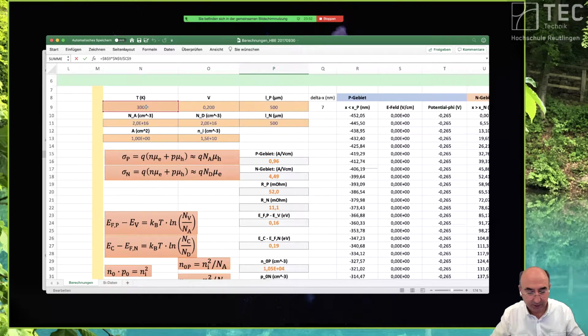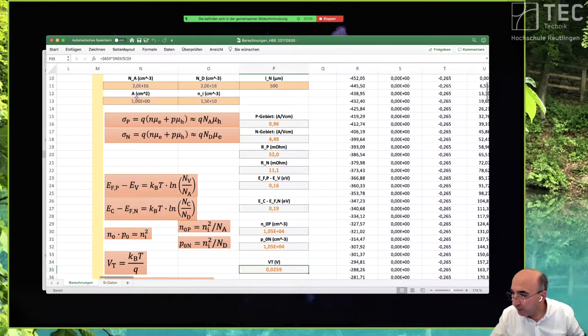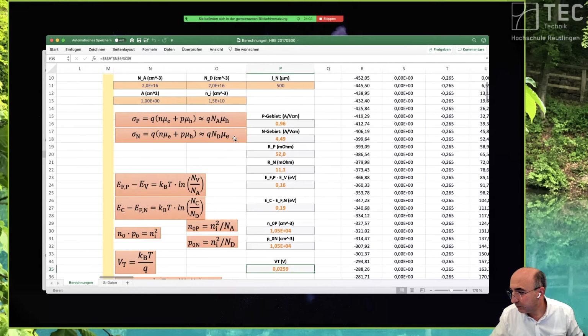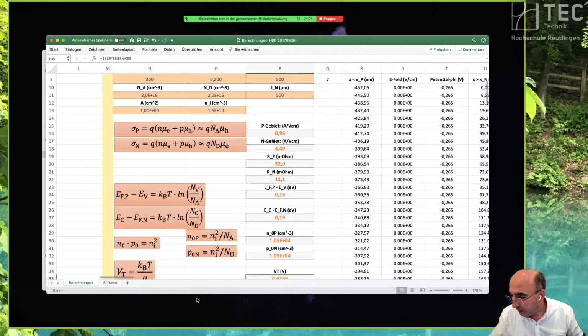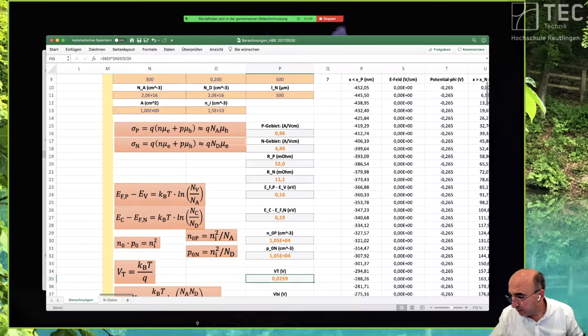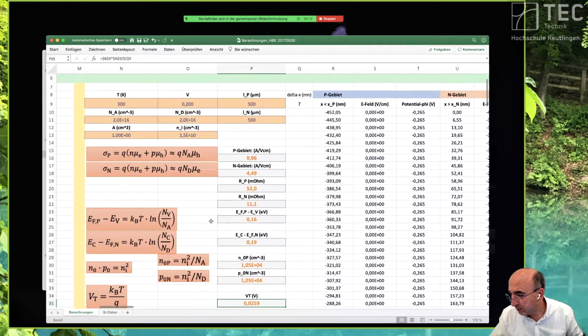So the temperature is given here. One second, I zoomed out once. Now I have to increase the spreadsheet.